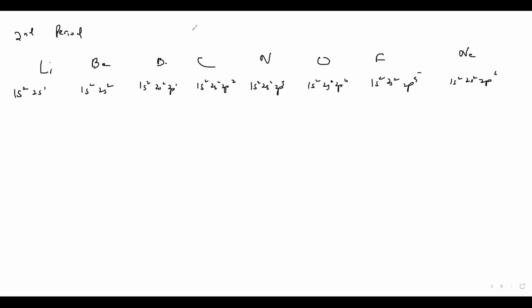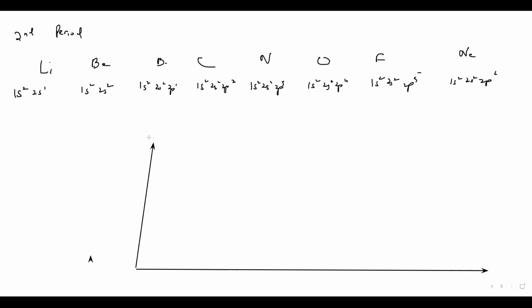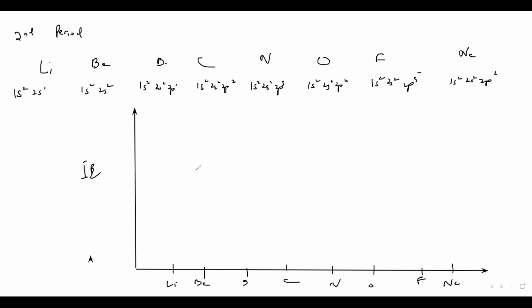So when we sketch a graph for these elements and their log of ionization energies, we have lithium, then beryllium, boron, carbon, nitrogen, oxygen, fluorine, and neon.